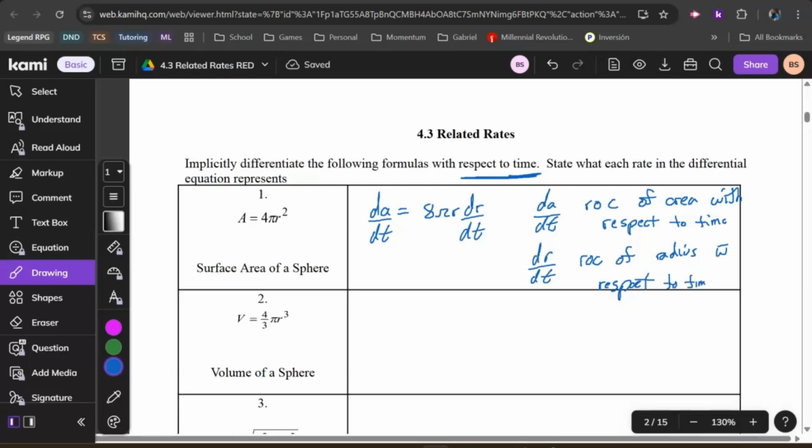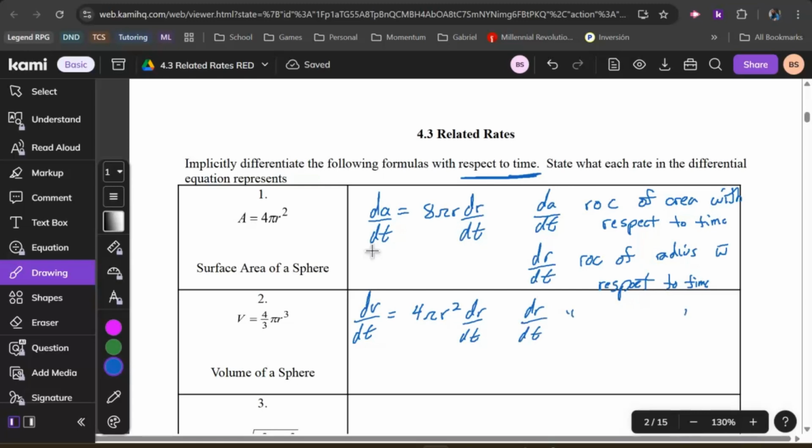And so you can kind of see how these are going to go. Whatever it is that we're taking the derivative of, it's going to be with respect to time. So it's the rate of change with respect to time. So let's take a look at the next one. Now we're doing volume of a sphere. So that's going to be dV/dt is equal to, the 3 comes down and cancels with that third, so 4 pi r squared dr/dt. Now, dr/dt hasn't changed.